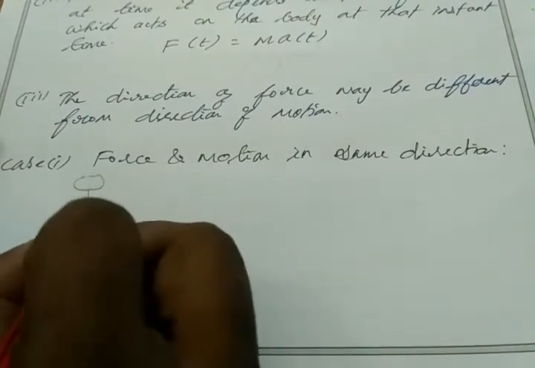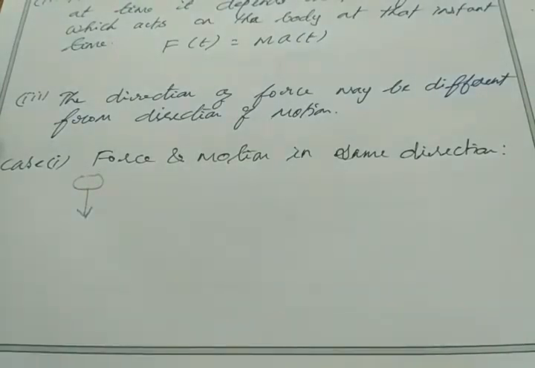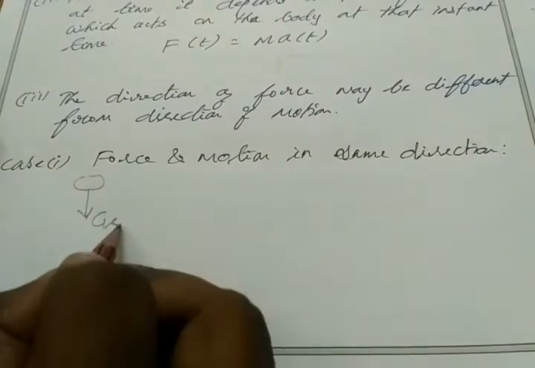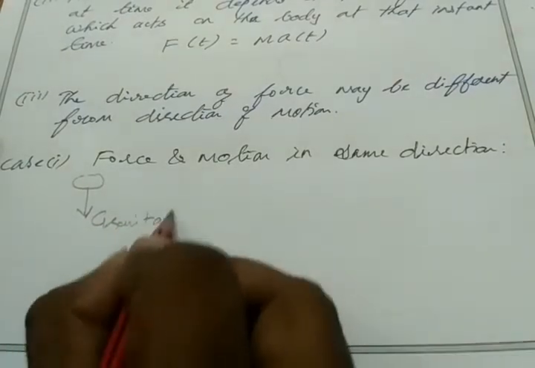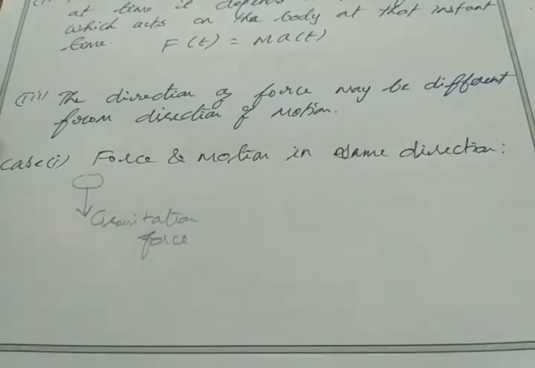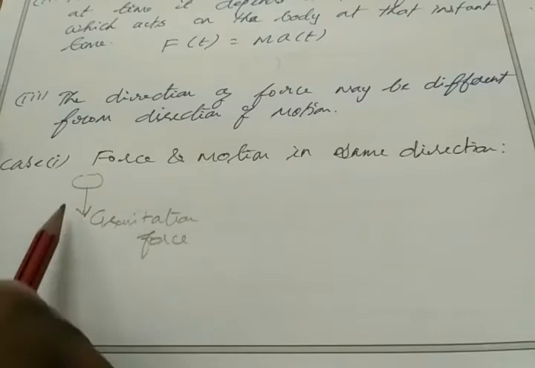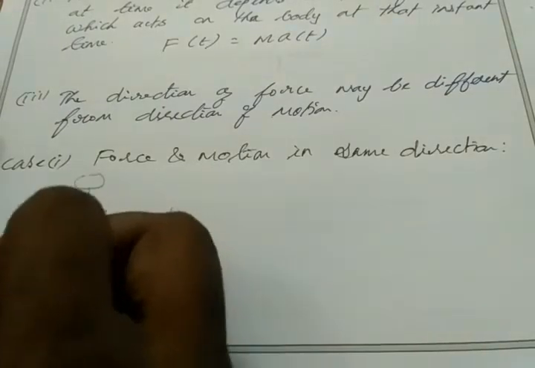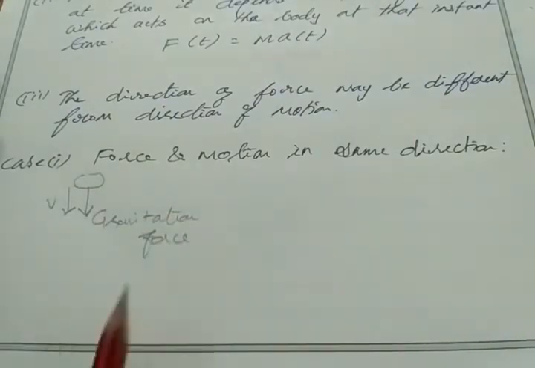This is the force which drags the apple, that is, the gravitational force. The gravitational force acts on the apple, so it fell down towards the earth. What is the direction of motion of this apple? Of course downwards. So here the force as well as the motion of the object are both in the same direction. So this is the first case.